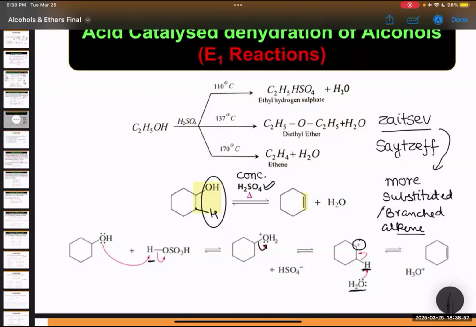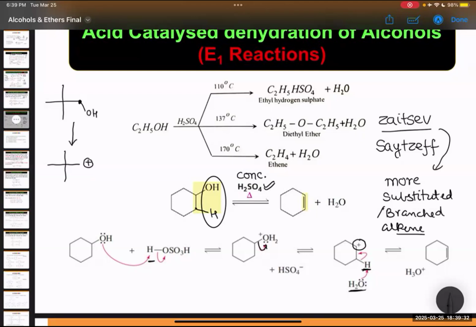There is one more thing which you need to notice: always check for the rearrangement. Rearrangement of carbocation can happen. Suppose you try to dehydrate this alcohol, this is neopentyl alcohol or 2,2-dimethylpropan-1-ol.